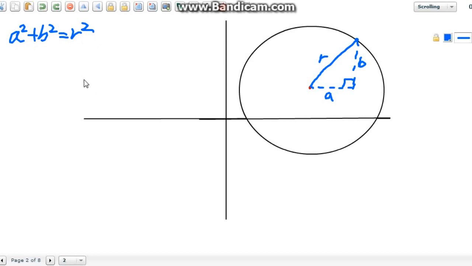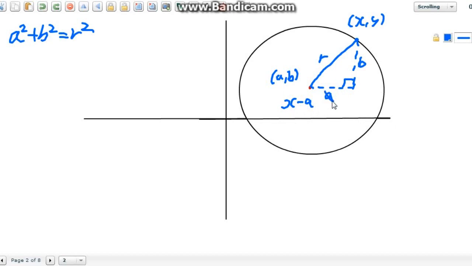And all the equation of a circle is doing is saying we'll call this point on the rim xy, and we'll call this point in the centre AB. So we can replace A with the change in the x-axis, which is x minus a.